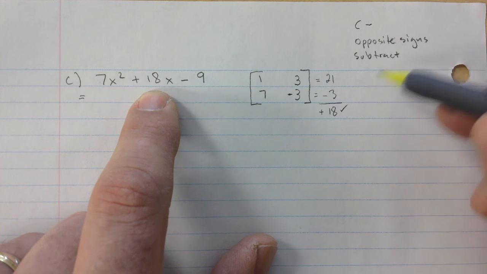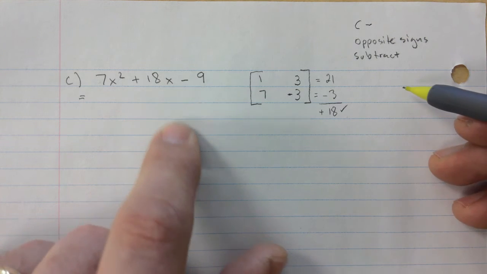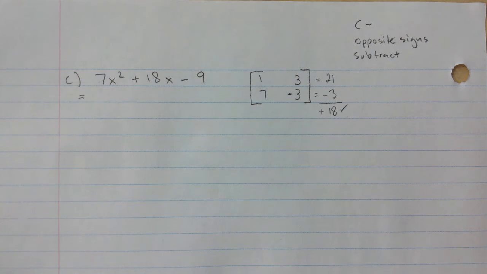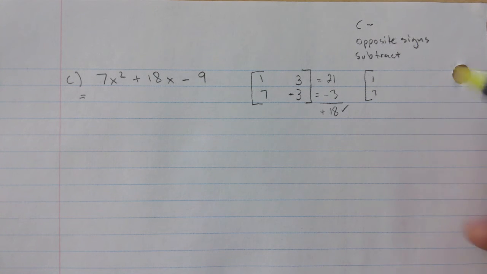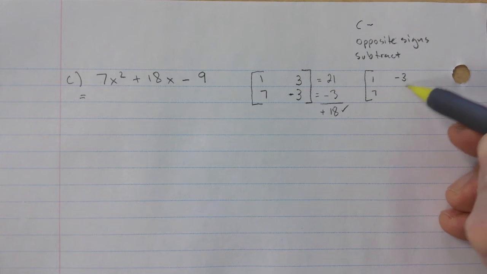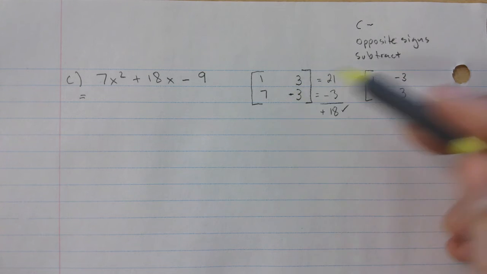Let's put one here that does not work, because most likely you're going to try things and they're not going to work right away. And I don't want you to panic, okay? You just stick with it, right? 1, 7. And let's say we had put the negative up top.